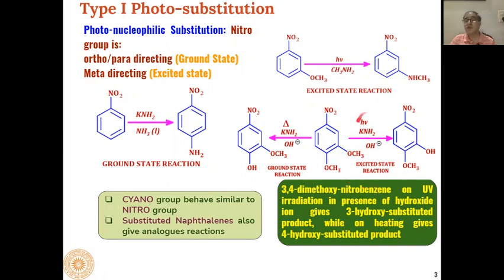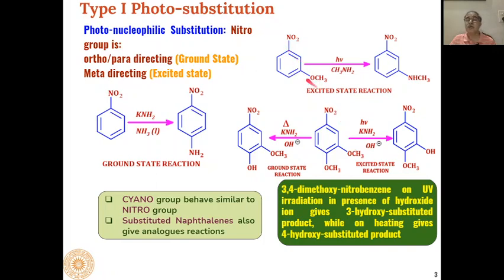So in photochemical nucleophilic substitution reaction, the nitro group is a meta-directing group, whereas in a nucleophilic aromatic substitution under thermal conditions, that is in the ground state, it will act as a para-directing group. So this is the difference between ground state reactions and excited state reactions.